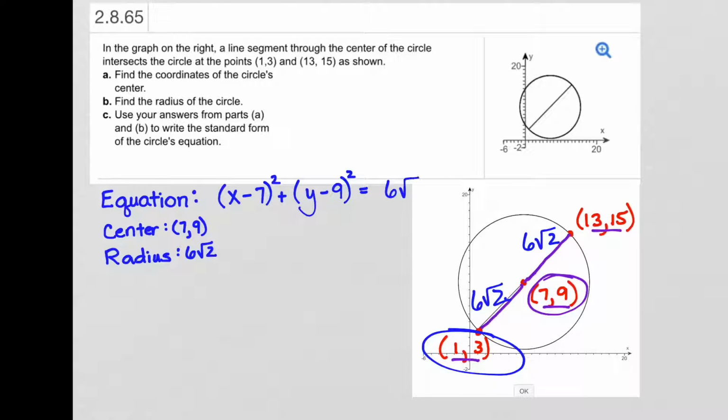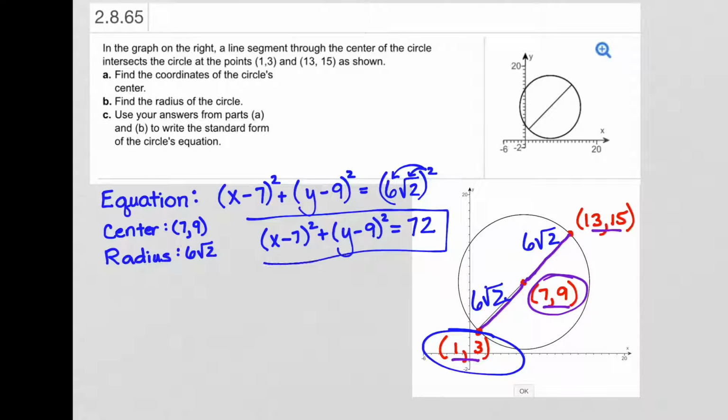So our radius is 6 square roots of 2. We're going to square that whole thing, which means squaring the 6 and then squaring the square root of 2. So then we get x minus 7 squared plus y minus 9 squared equals, and 6 squared is 36, and square root of 2 squared is 2, so you multiply those and you get 72. And so that is my final answer for that problem.